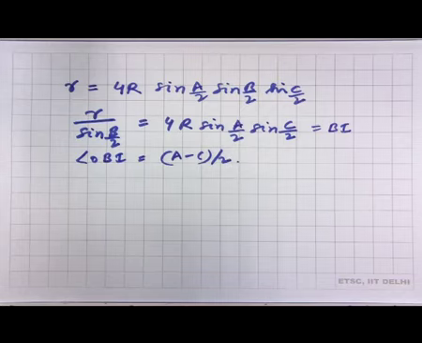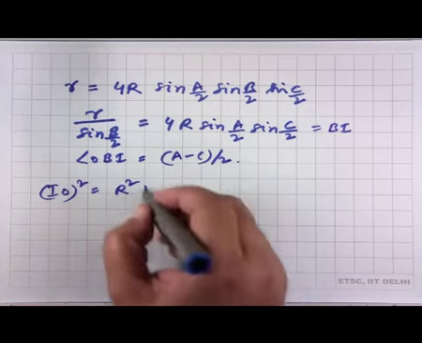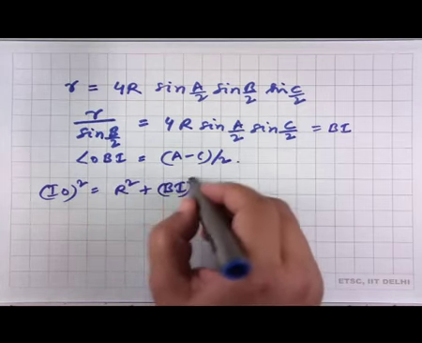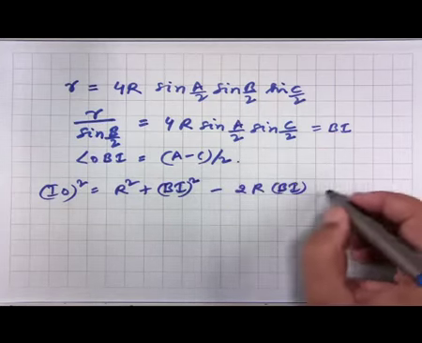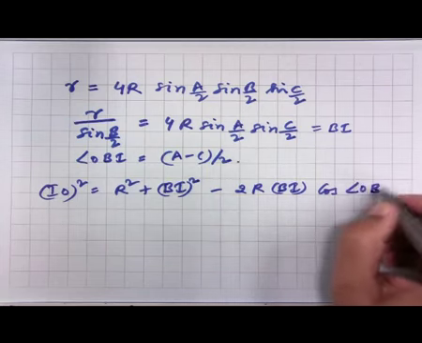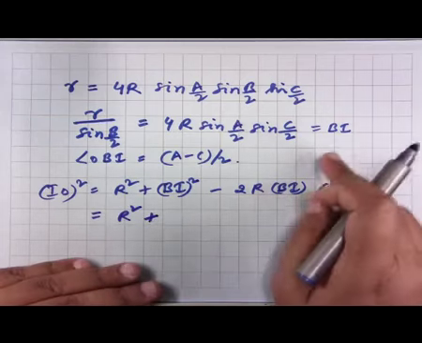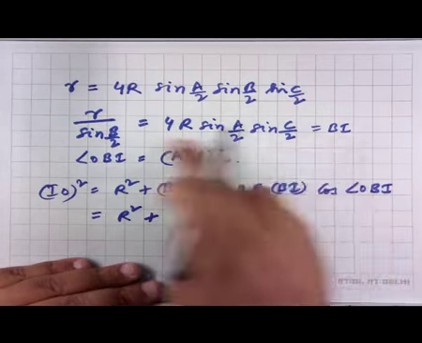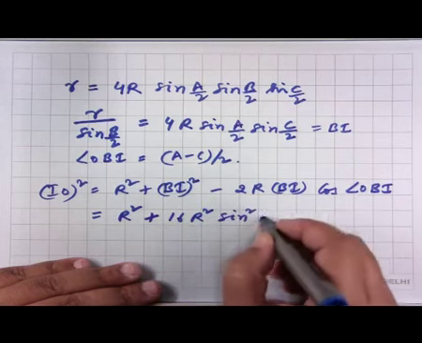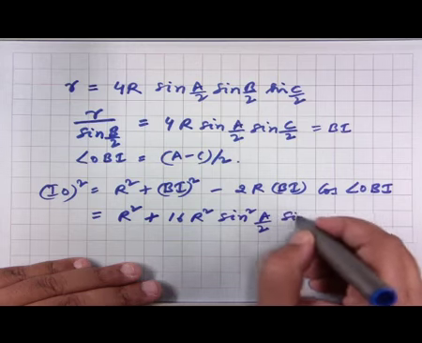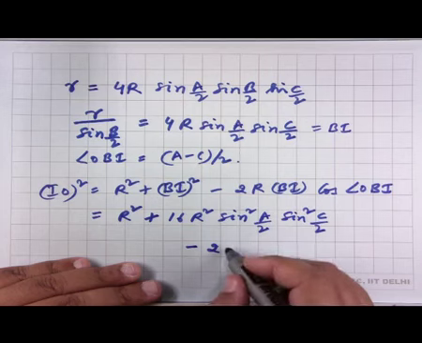And from the cosine formula, we already know that IO square is equal to R square plus BI square minus 2 R BI into cosine of angle OBI, which is equal to R square plus, so instead of BI we will use this expression, so it becomes 16 R square sine square A by 2 into sine square C by 2 minus 2 into R into BI.